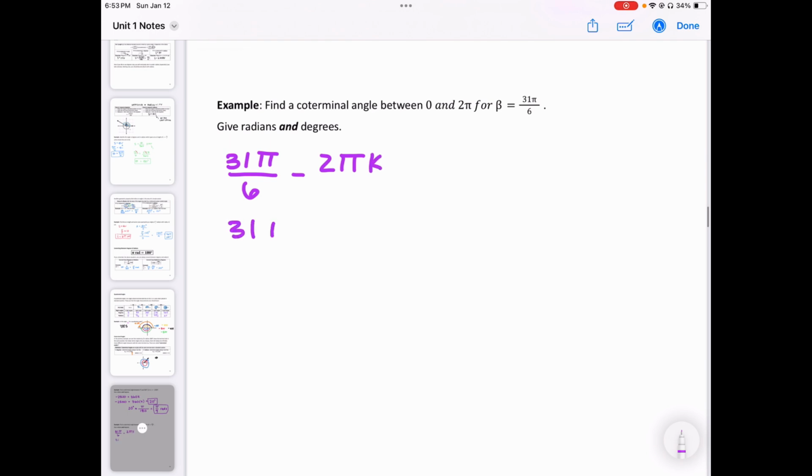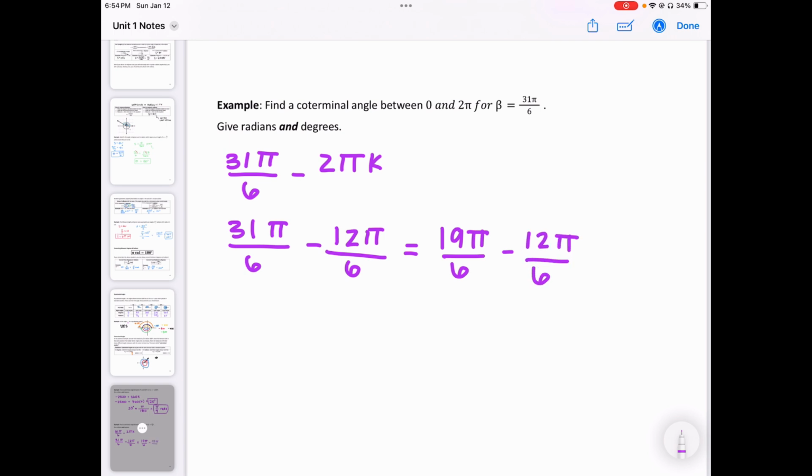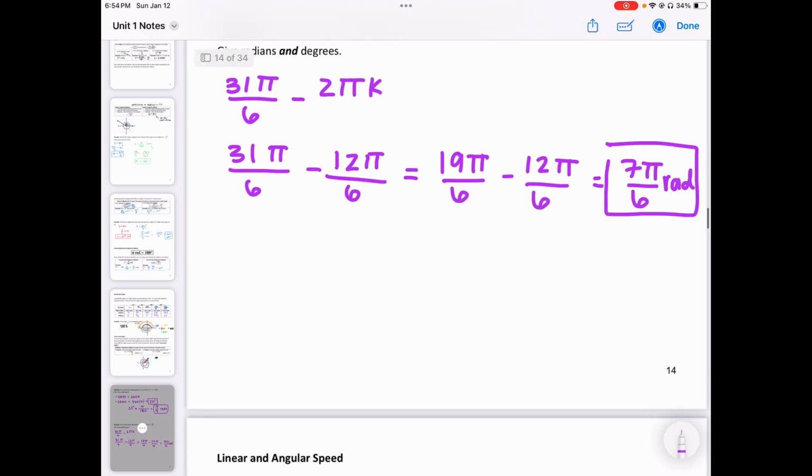So I'm going to rewrite that as 31 pi over 6 minus 12 pi over 6. And I'm just going to go ahead and subtract it once. That's going to get me 19 pi over 6. I'm going to go ahead and subtract another iteration of the circle, which does get me to 7 pi over 6 radians. Okay. If I want to convert from radians, I'm going to multiply by 180 over pi to get rid of those pi's, top and bottom, and I'm going to get 210 degrees.